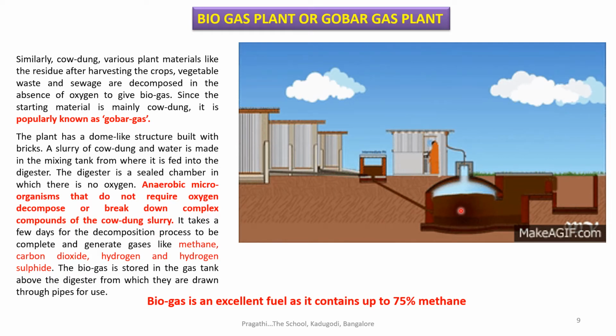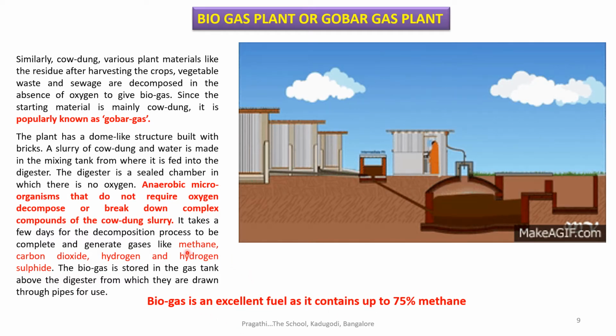Here the bacteria, which do not require oxygen to live, make the cow dung slurry decompose and generate the gas. So that's how the methane gas is produced.